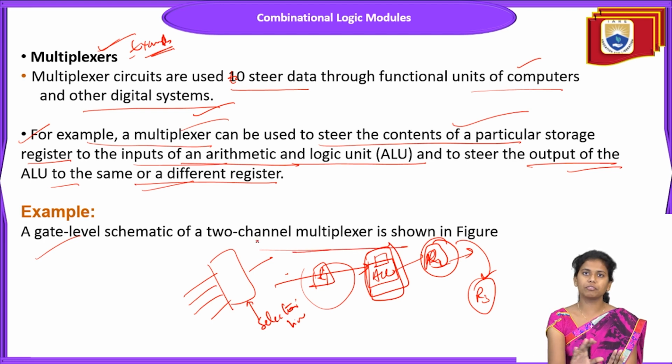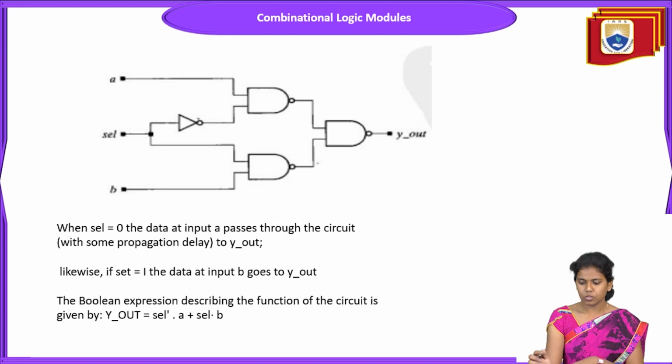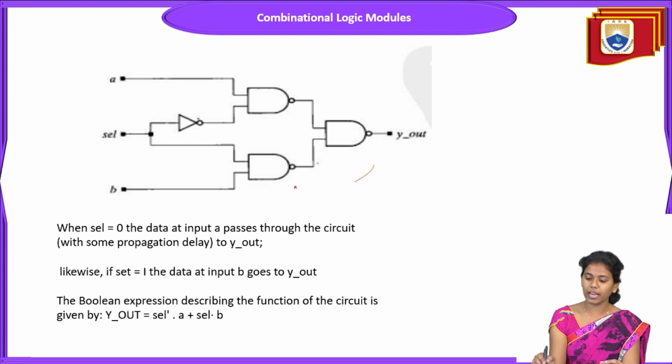By considering the following figure, a 2-channel multiplexer, we will come to know what sort of information it has and what sort of output we get. This is the circuit, and this multiplexer is constructed with the help of gates. Here we have 3 AND gates in total, and a buffer or NOT gate.